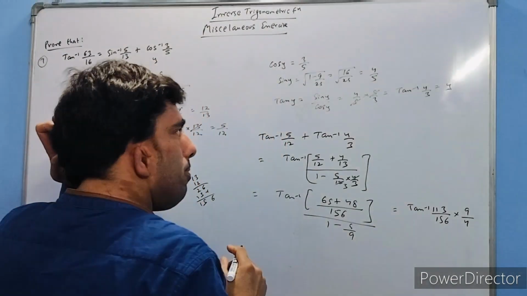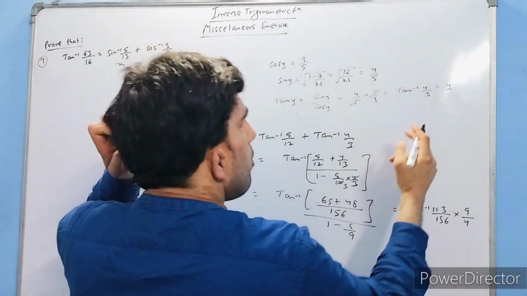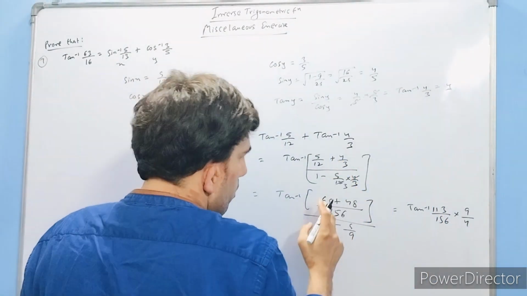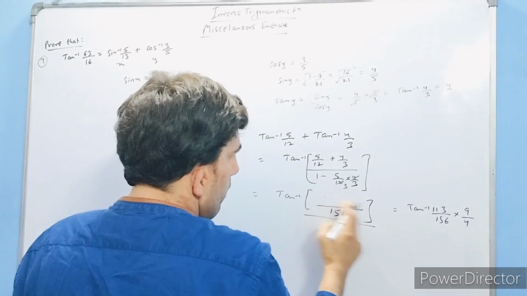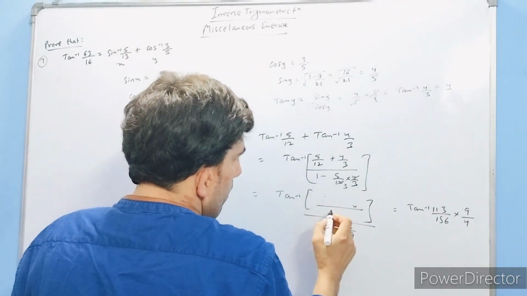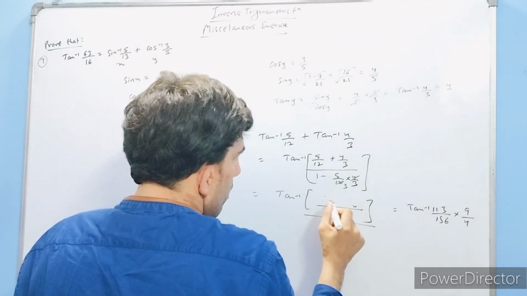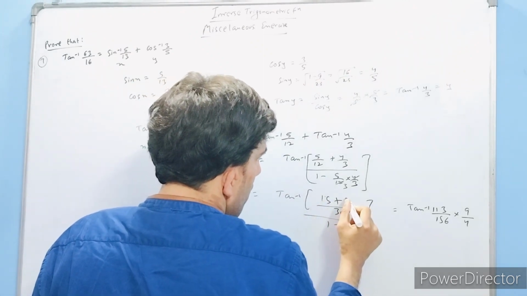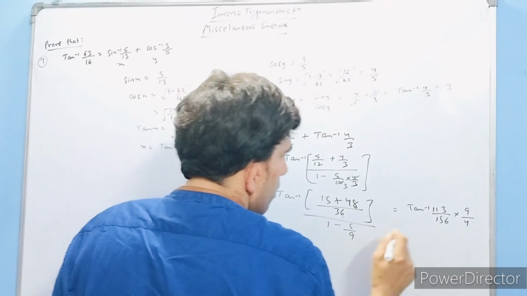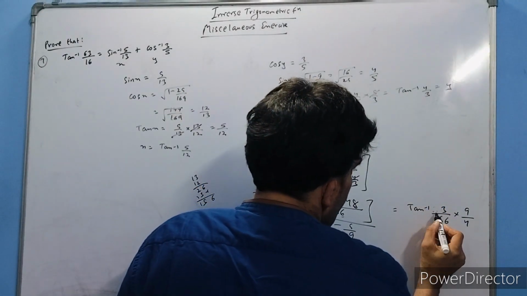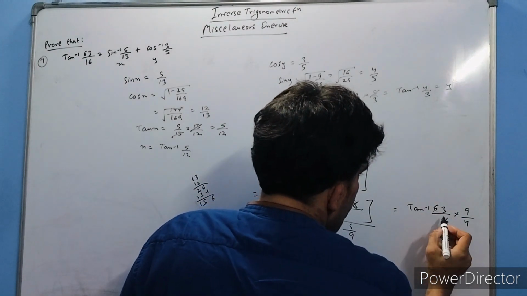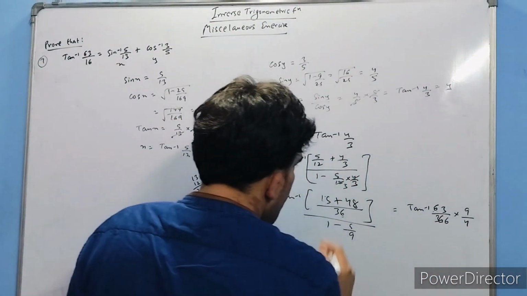Now we have tan inverse. We have here 4 upon 3. So it will not be difficult for me to take like this. So we'll have 36 plus 48. So it will be 63 upon I have 36.